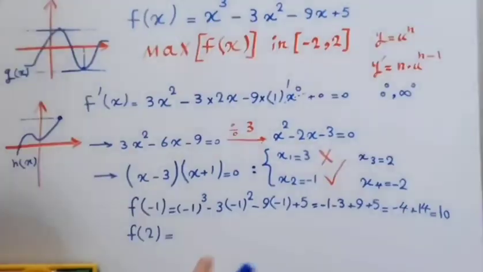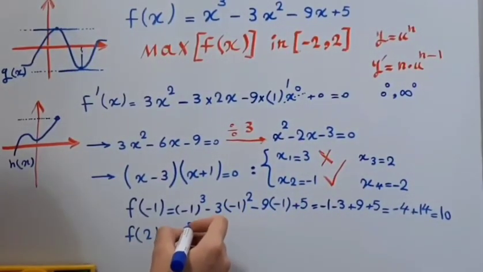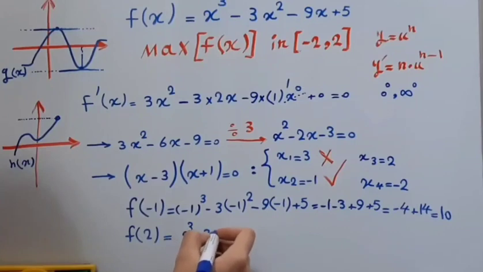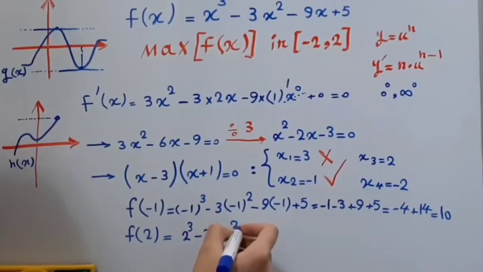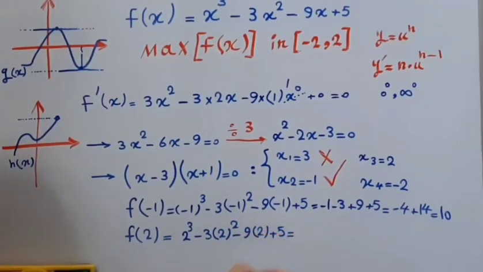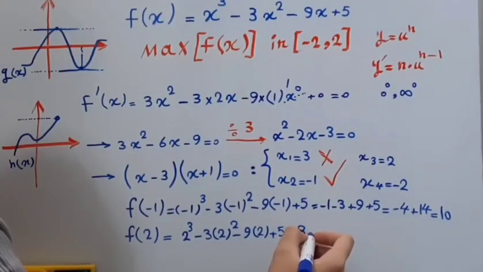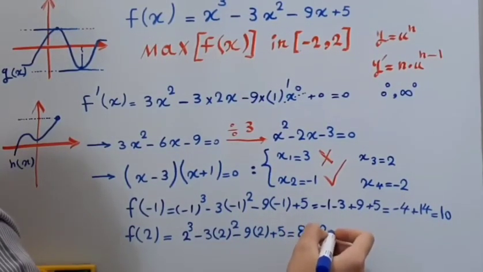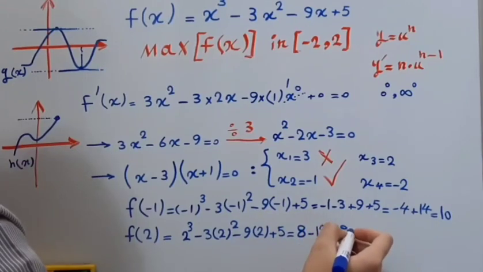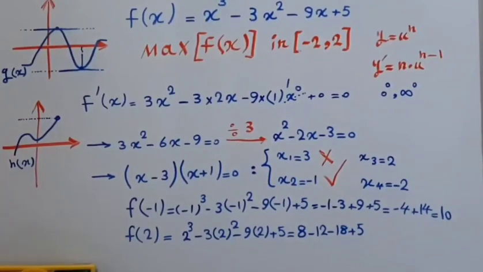Let's see these two guys. 2 to the power 3, minus 3 multiplied by 2 to the power 2 minus 9 multiplied by 2 plus 5. So this is going to be 8 minus 12 minus 18 plus 5.